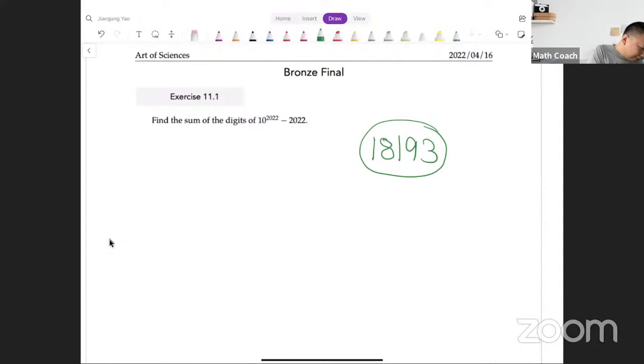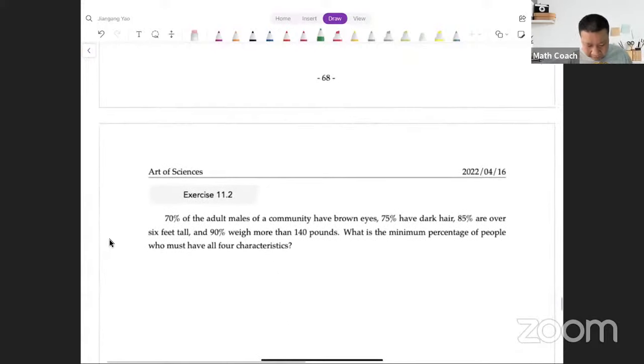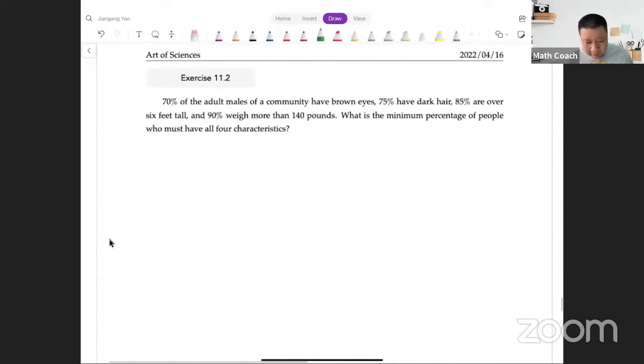Okay, so now in the current grand final, 88 versus 89 is 1-0. Next question, 11.2. 70% of the adult males of a community have brown eyes, 75% have dark hair, 85% are over 6 feet tall, and 90% weigh more than 140 pounds.